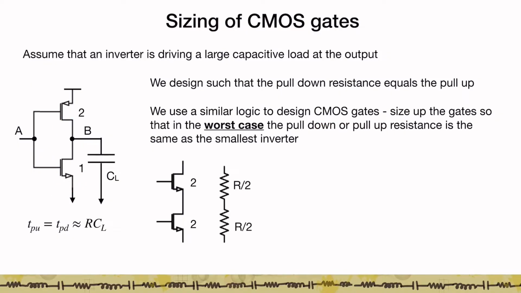Now let's look at a stack of 2 NMOS transistors. Because they are connected in series, their equivalent resistances are going to show up in series.